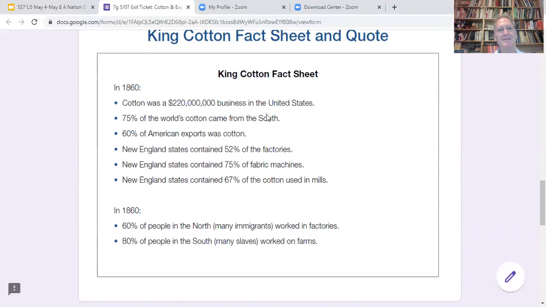Okay? And 60% of American exports was constituted by cotton. Okay, 60%, that's more than half of the profits the United States made from exporting goods to other countries came from slave labor. So anyway, read the rest of this.